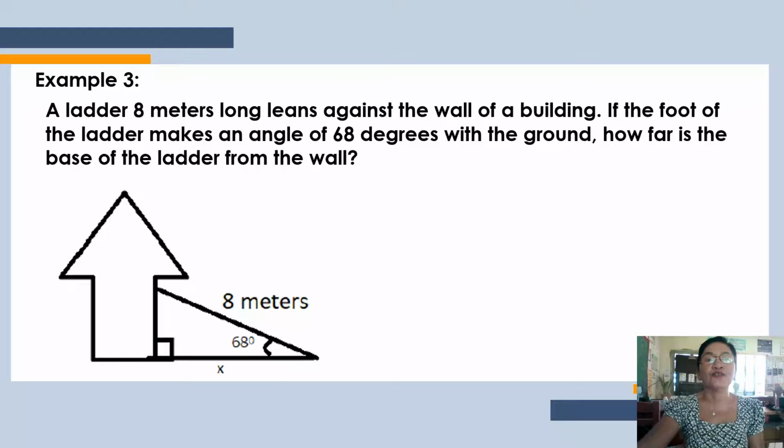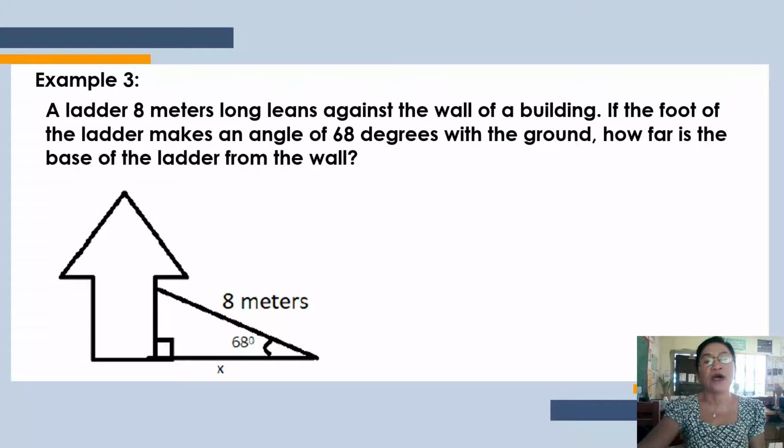How far is the foot of the ladder from the wall?